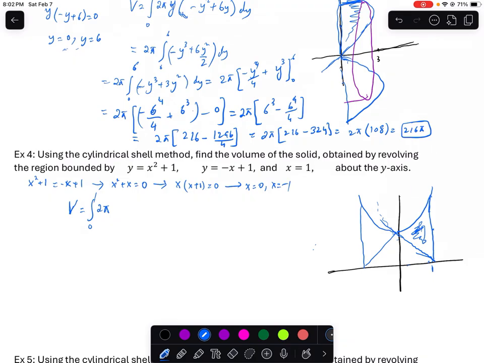So 2 pi times x times, now the height of the cylinder will be this much. So it's the difference of these two functions. So this one is x squared plus 1 and that one is negative x plus 1. So I will write it as x squared plus 1 minus negative x plus 1, dx.